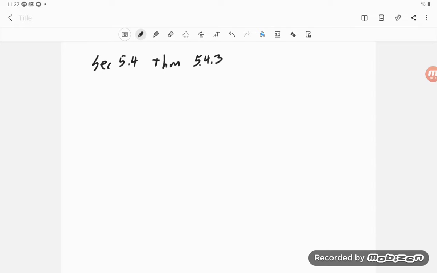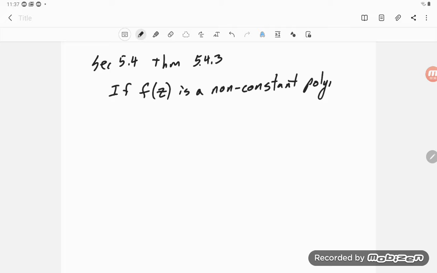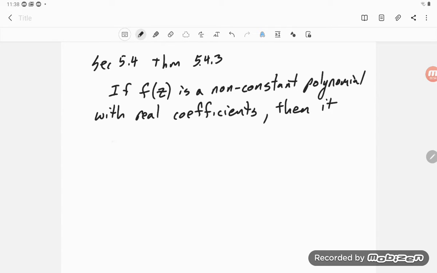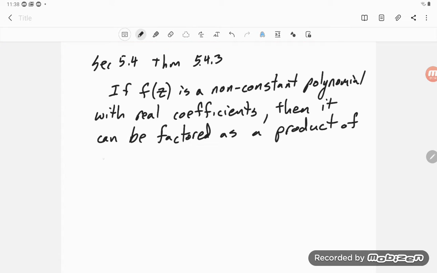And so it says, if f of z is a non-constant polynomial, so it's at least degree 1 or higher, a polynomial with real coefficients, then it can be factored as a product of real linear factors and real quadratic factors.